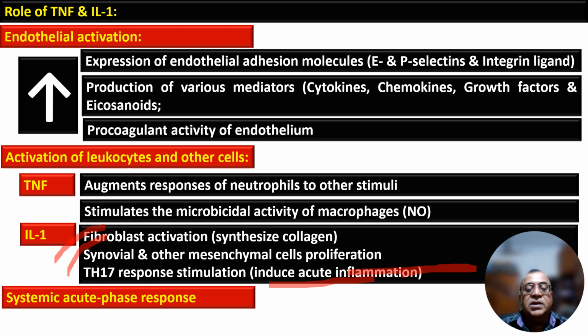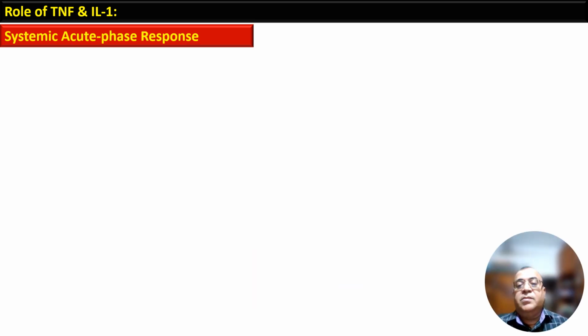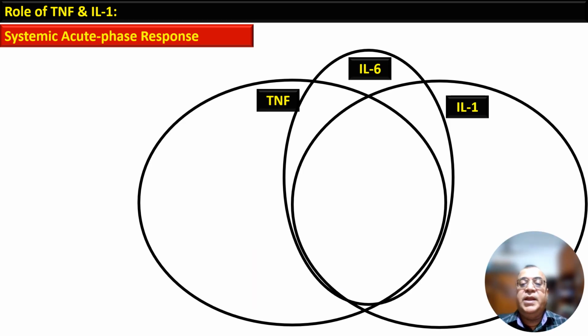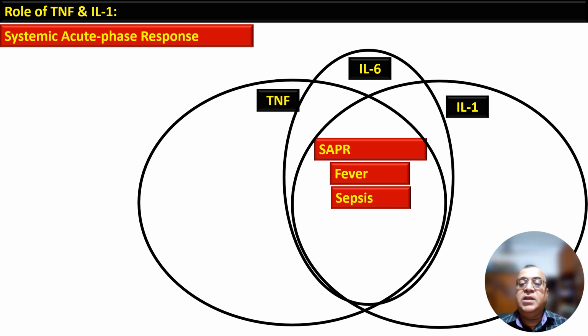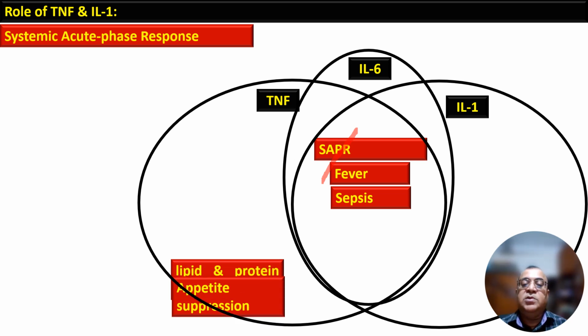Then the third one is the systemic acute phase response. This is induced by tumor necrosis factor, interleukin 6 and interleukin 1. Especially interleukin 6 is responsible for the fever and sepsis that occur in the systemic acute phase response.